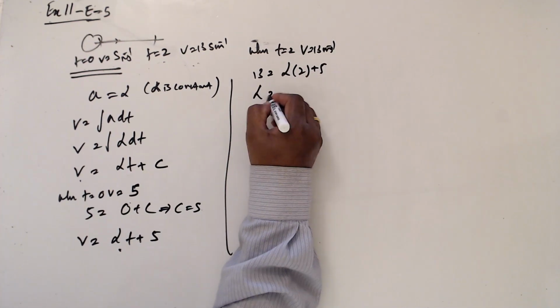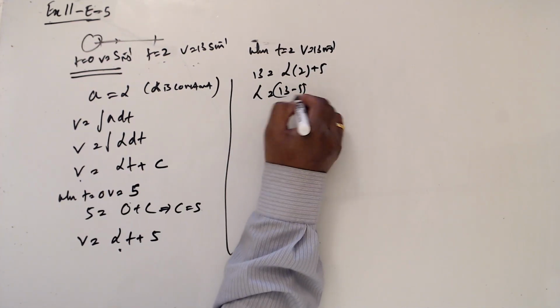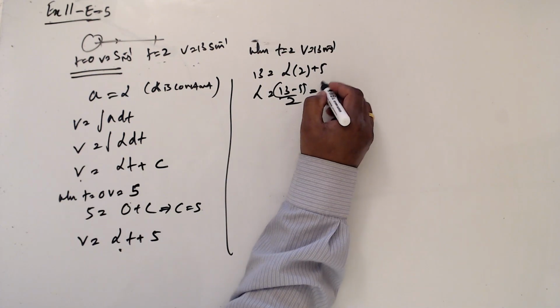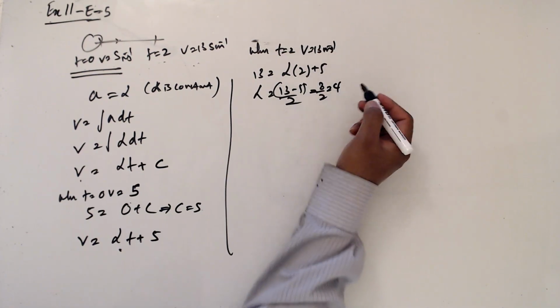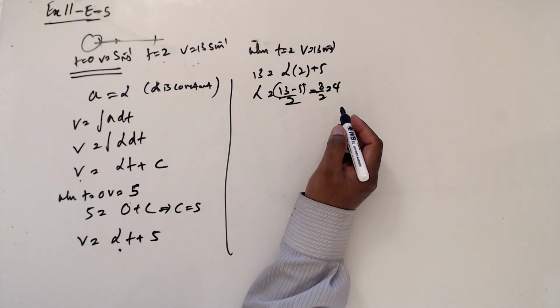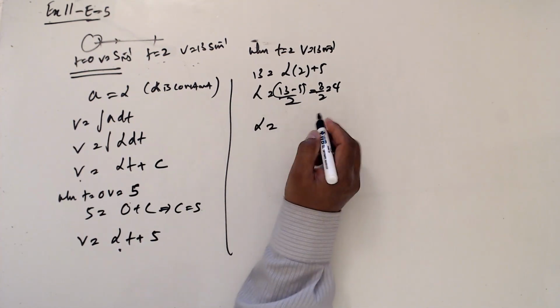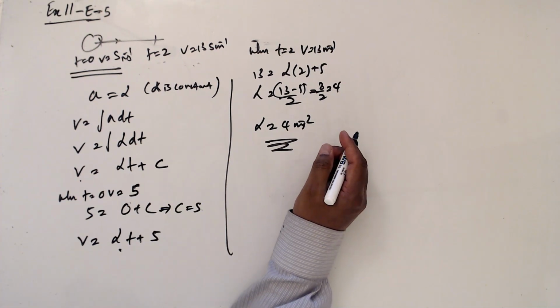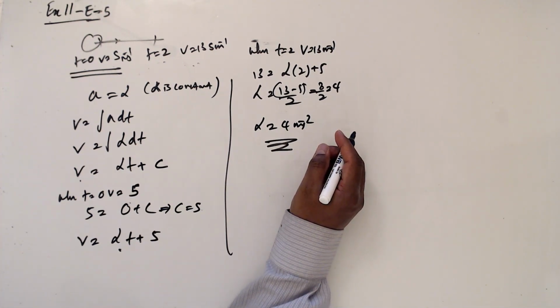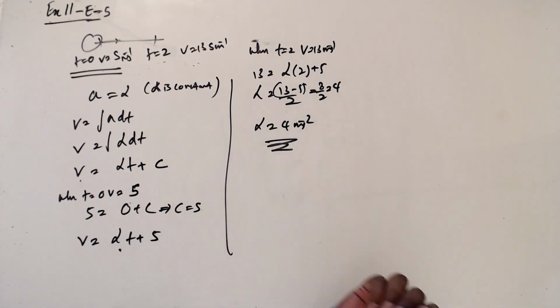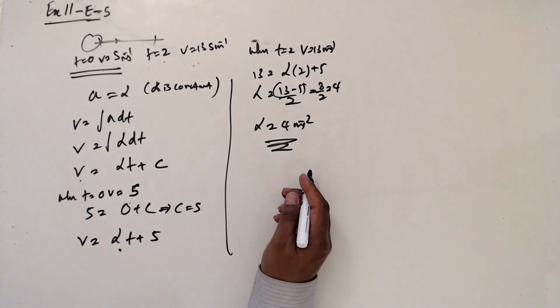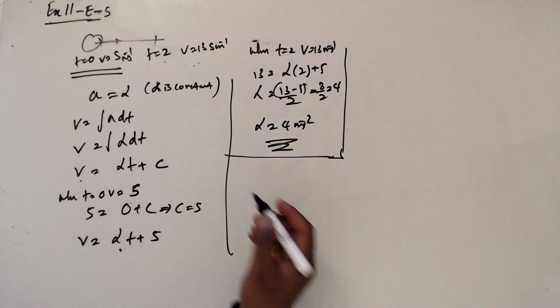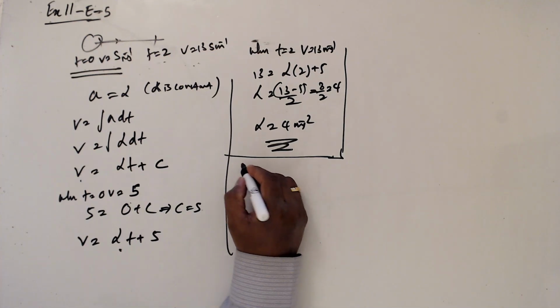So alpha equals 13 minus 5 divided by 2, that is 8 divided by 2, that is 4. So alpha is 4 m/s squared. So the acceleration is going to be 4.